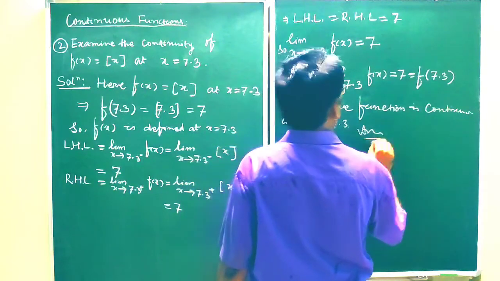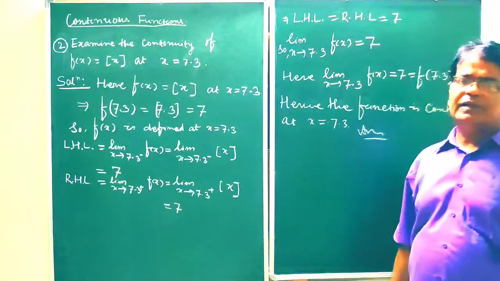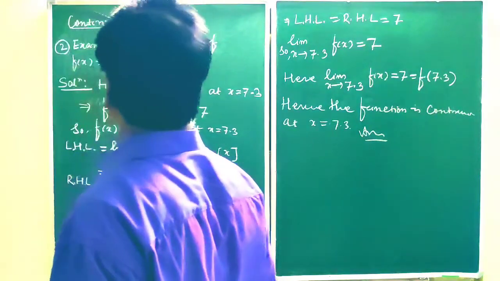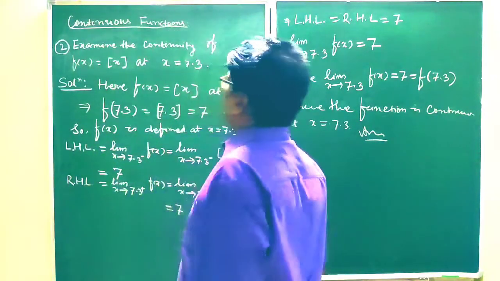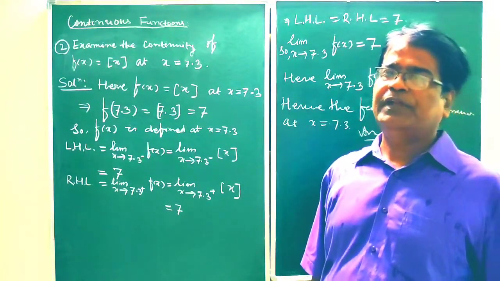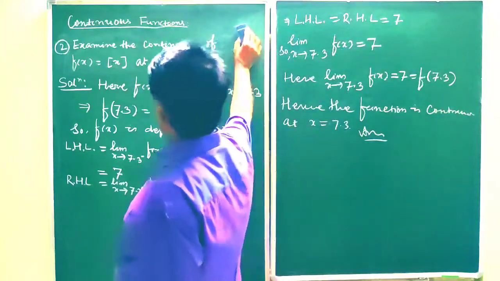Answer. So the given function is continuous at 7.3. Now our second problem is solved. Let us proceed for the next problem.